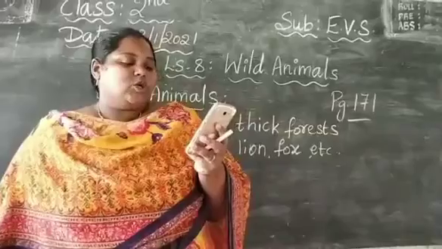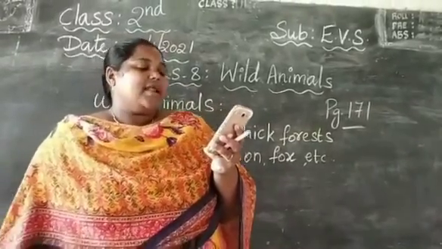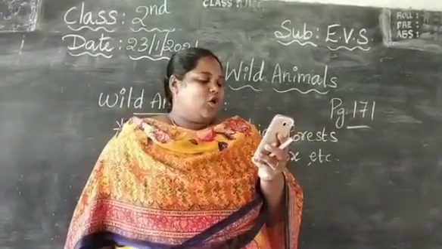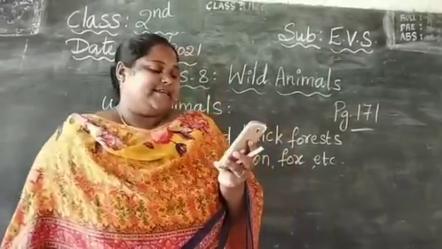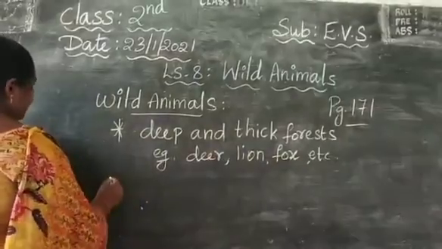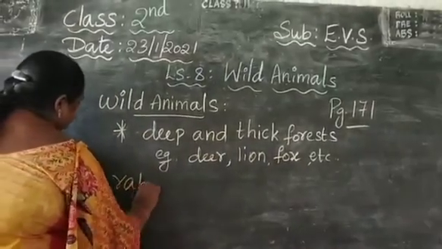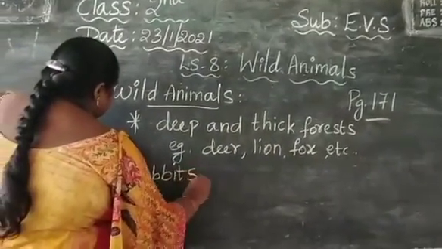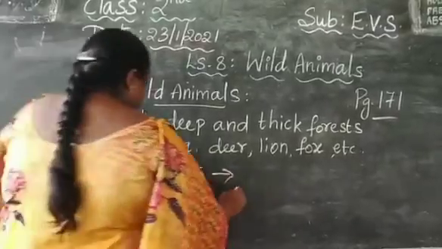Wild animals also live in different places, like rabbits in burrows, rats in holes, lions in dens, etc. Rabbits live in burrows.